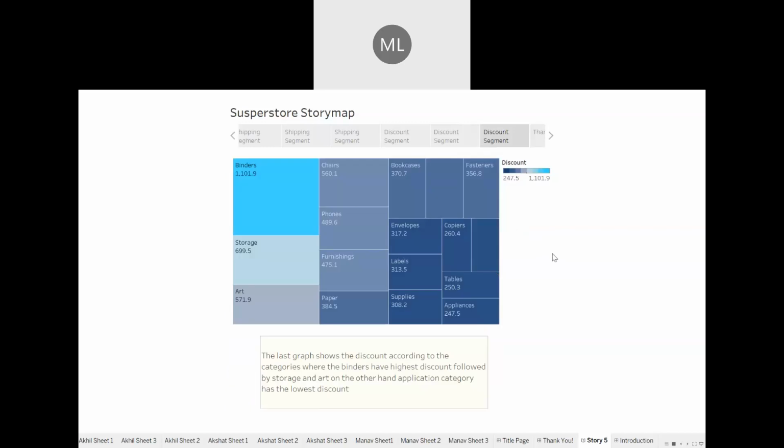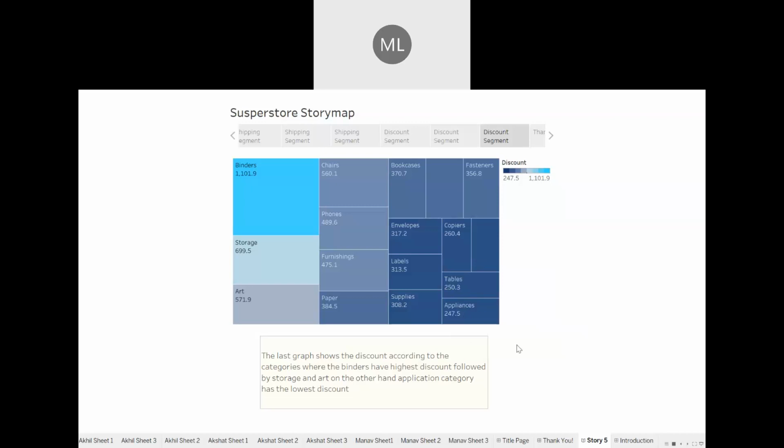So in this tree graph, it is discount according to the categories. Here are different categories and how much discount was given per category. From this you can see that the highest discount was given on vendors, that is 1,101, followed by storage, that was 699.5, whereas the lowest discount was given on appliances, that was 247.5, followed by tables and copiers.